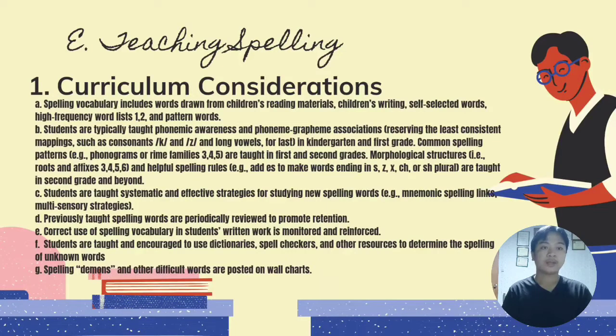Letter B, students are typically taught phonemic awareness and phoneme-grapheme associations, reserving the least consistent mappings, such as consonants sounded k and z, and long vowels for last, in kindergarten and first grade. So phoneme and grapheme mapping is a research-based activity that helps readers build word recognition skills.